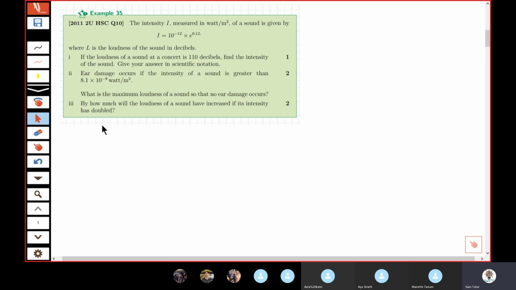Okay. The intensity measured in watt per meter square of a sound is given by I, which equals 10 to the power of -12 times e to the power of 0.1 L, where L is the loudness of the sound in decibels.